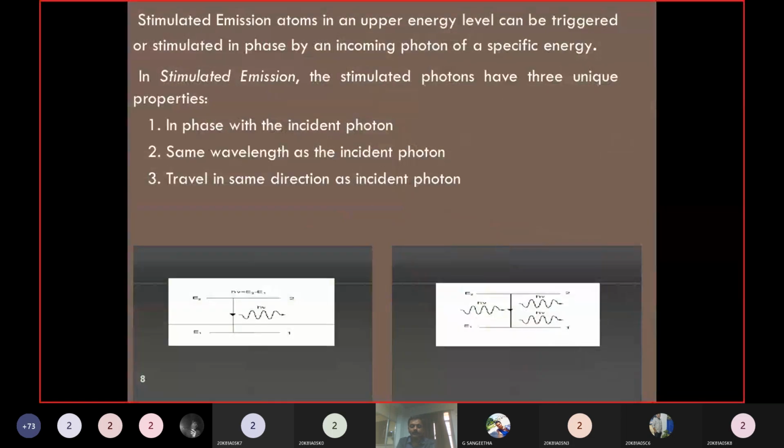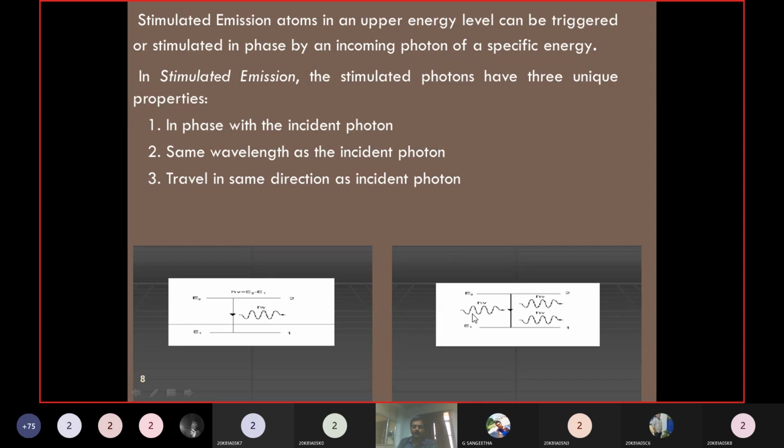There are some properties of the emitted photons in the case of stimulated emission. The released photons are in phase with the incident photon.